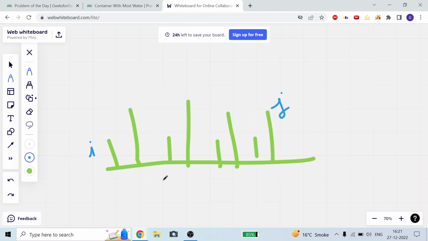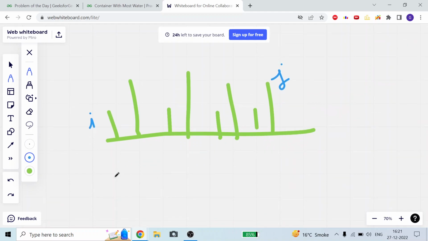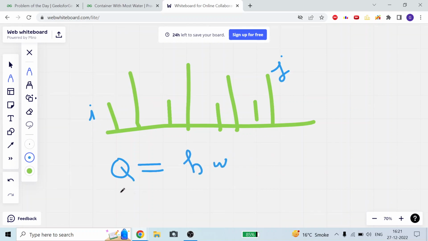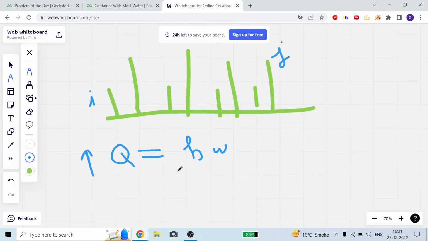As we fixed, there are two components on which the amount of water stored between any two vertical lines depends: the quantity depends on height into width, and we have to make this maximum. For this to be maximum, we either increase h, increase w, or increase both.